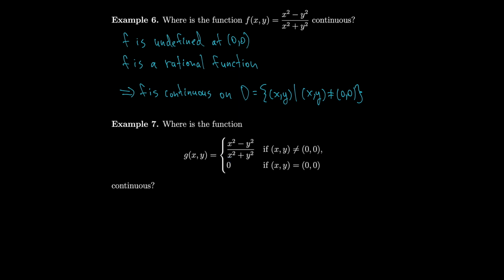Well, we need to take the limit of this guy. So the limit of g of x,y as (x,y) approaches (0,0). But we did this already. This is the same function that we did in example 1. So we showed very quickly that this limit does not exist.